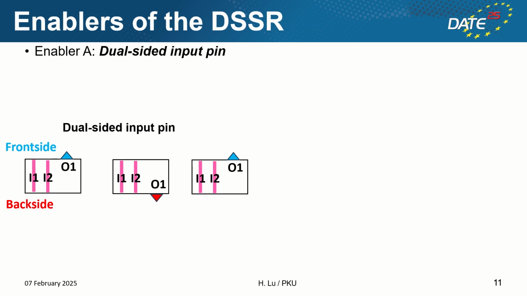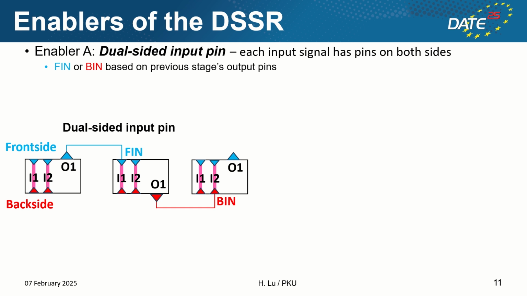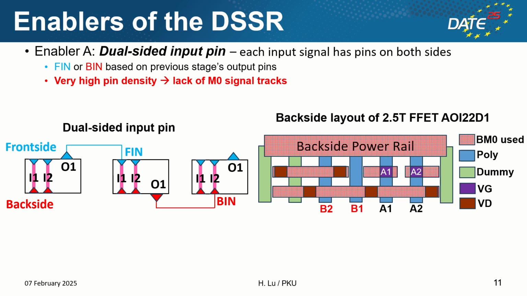The first is the dual-sided input pin, which means each input signal has corresponding pins on both sides. Frontside input or backside input can be chosen for cascading based on the location of the previous stage's output pins. However, this will lead to very high pin density and intra-cell routing failure due to the lack of M0 signal tracks.